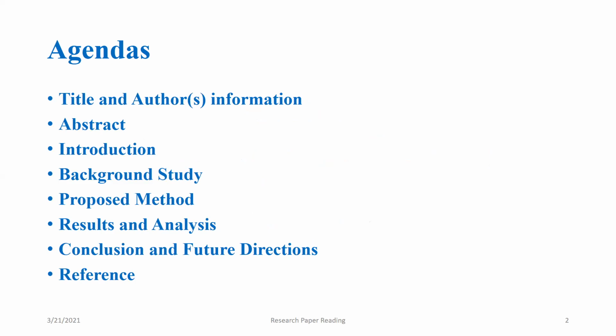Almost all research papers have this kind of sections in them. So we will thoroughly discuss the structures and these sections, and what the contents of these sections are, in today's lecture.